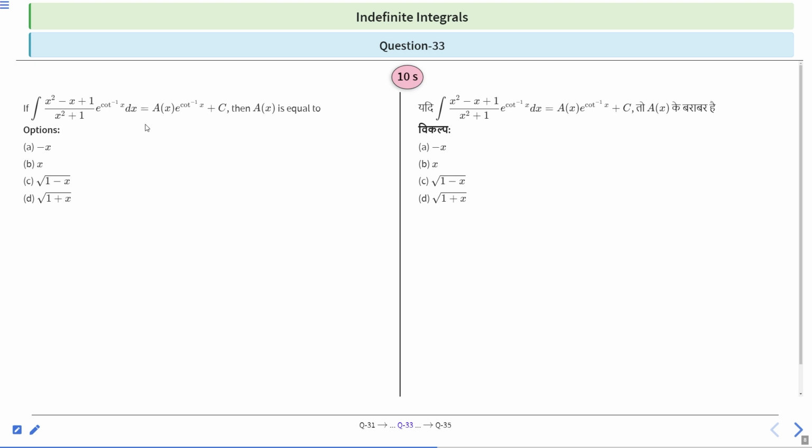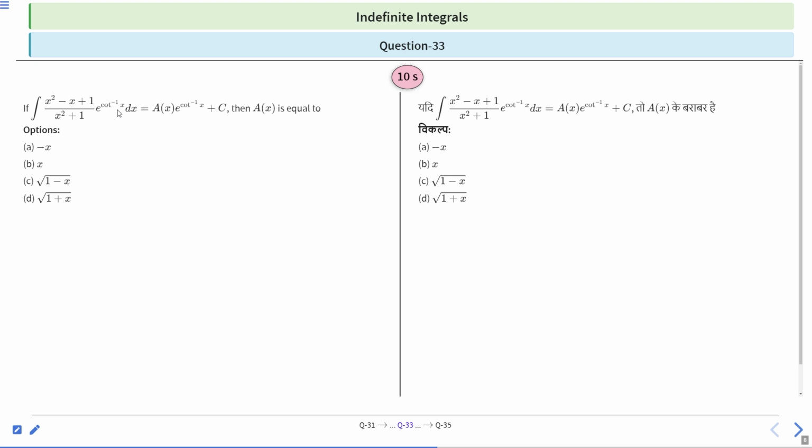So see, in this question you can think that it is of the form e to the power cot inverse x. You can think about a function which might be expressed again as e to the power x into f(x) plus f dash x, or you can separate this into x square and minus x plus 1, or you can take cot inverse x as t.